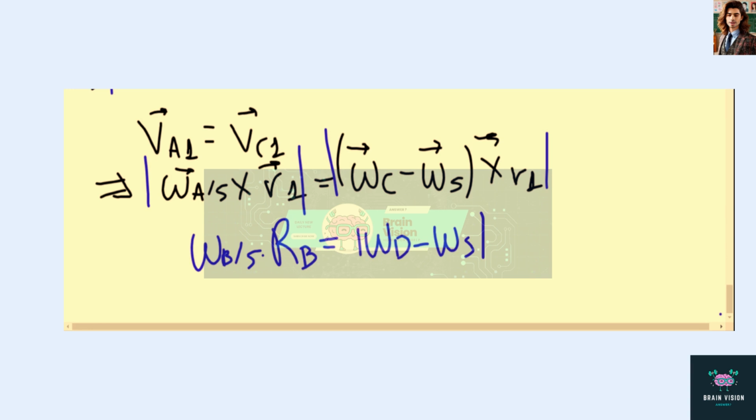We just need the absolute difference between the magnitudes times capital R D, which is the radius of gear D. The same for gear A.